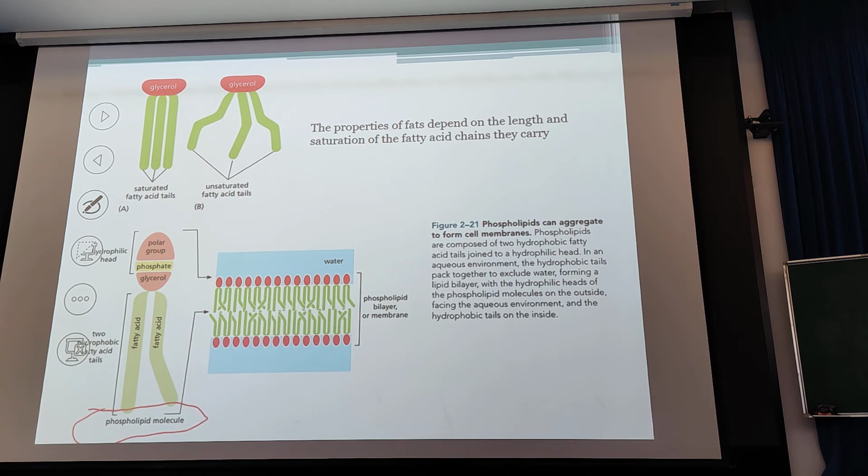So the hydrophobic tails pack together to exclude the water, forming lipid bilayers here. And these layers are actually our cell membrane. The cell membrane is made of phospholipids.